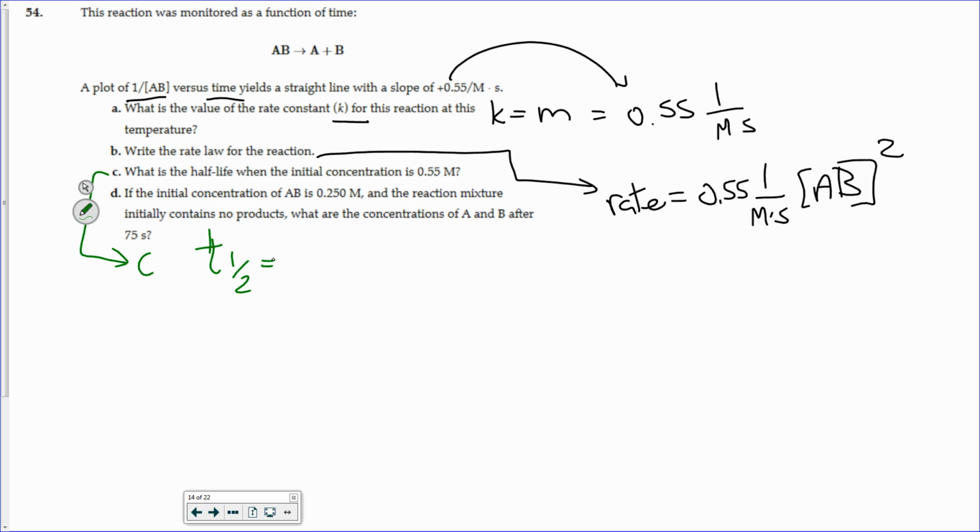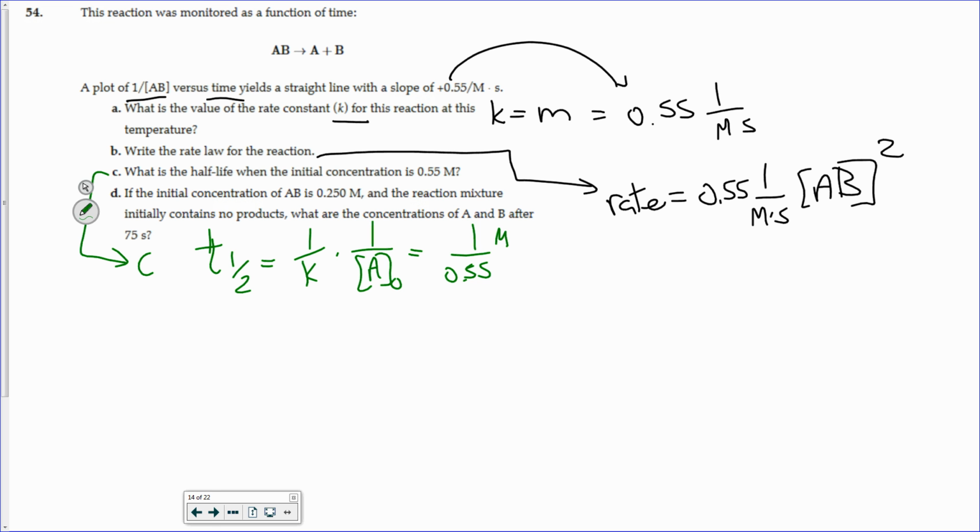And it tells us what K is. It's 0.55 inverse molar seconds.